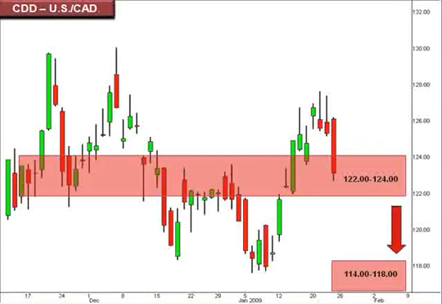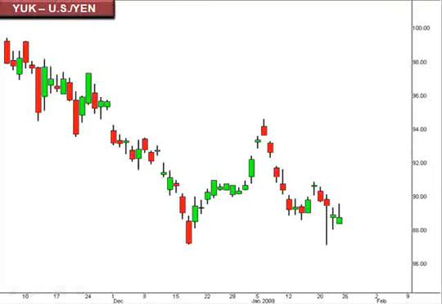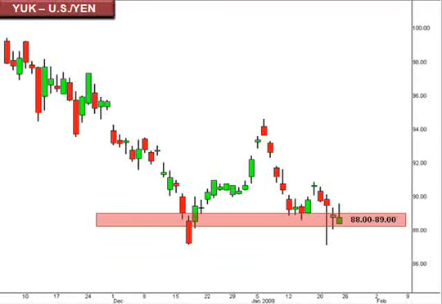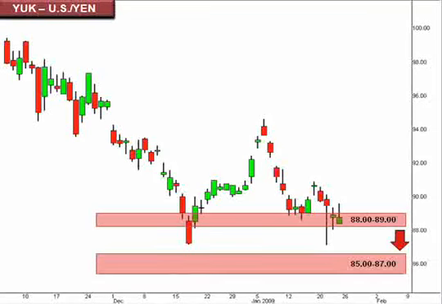Now, if we do witness some consolidation within this 122, 124 focal zone, any sort of a break below that range is likely to play right back down into that 114, 118 box that we've had on our radar for quite some time now. Well, we found the YUK, the US versus the Japanese yen, looking for support within that 88 to 89 focal zone. And Friday's close off of the high suggests that the momentum still supports a further decline within this pair value. Now, the next logical support level, if this particular area does not hold, should come into play within that 85 to 87 range.